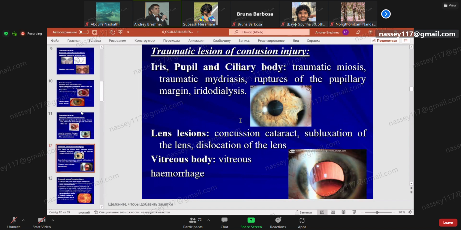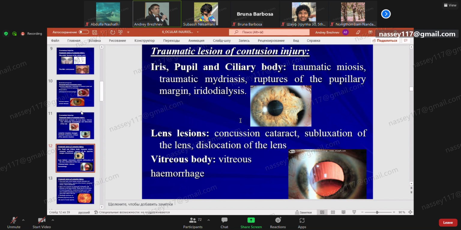Sometimes we can see a small opacity somewhere on the periphery or under the capsule without any loss of visual functions, or with a very small problem with the vision. In this case, sometimes there is no need to use any surgery.